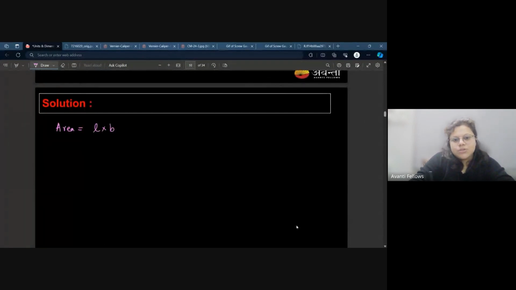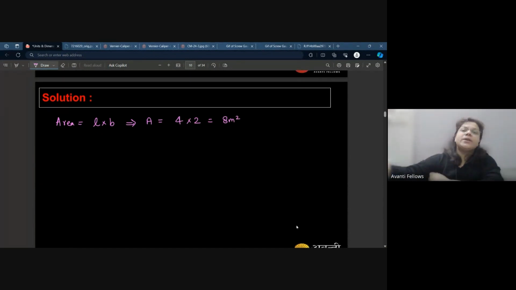So let's calculate the true value first. It would be 4 into 2, which would be 8 meters square. Now, it's time to calculate the error. For that, we have the concept of relative error, and that too of addition, that you will add the relative errors.